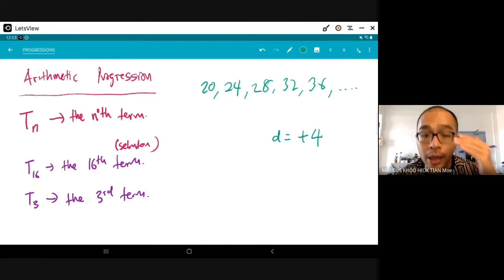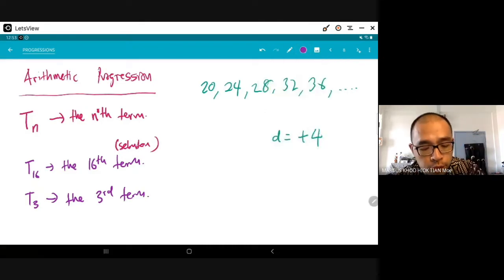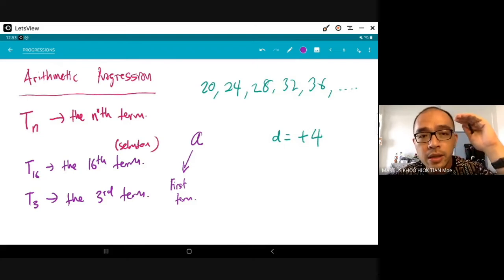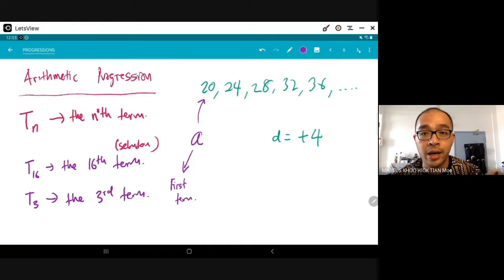Now I want to introduce one more letter. The letter is A, which means the first term, sebutan pertama. No need to apologize, it's first come first served. So A is the symbol for the first term. In the progression given by Adriana, the first term is 20.